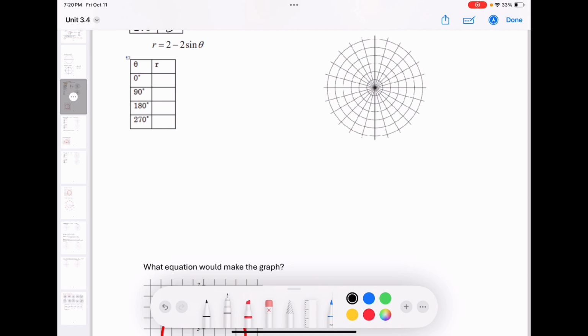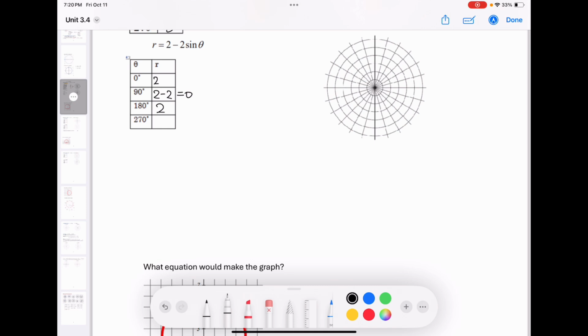So first, when theta is equal to 0, 2 minus 2 times 0, which is 2. And then 90 degrees, 2 minus 2 times sine 90 is 2 minus 2, which is 0. And at 180, sine 180 is 0, we have 2.